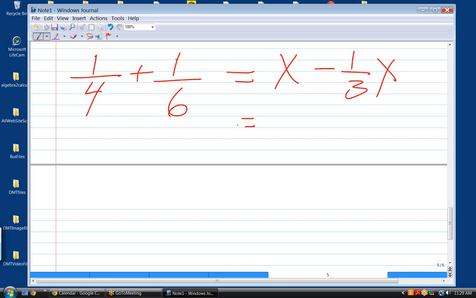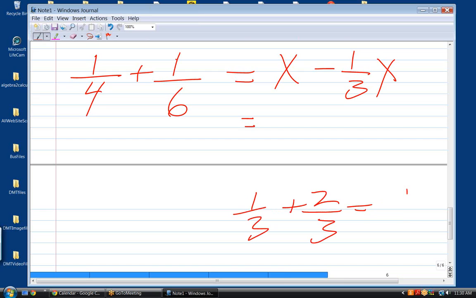Okay, let's do it a different way. What would you have if you had a whole piece of pie and you took away a half? You'd have half left. So take away 1/3. How much do you have left? 2/3. 1 minus 1/3 is 2/3, for the same reason that 1/3 plus 2/3 is equal to a whole.